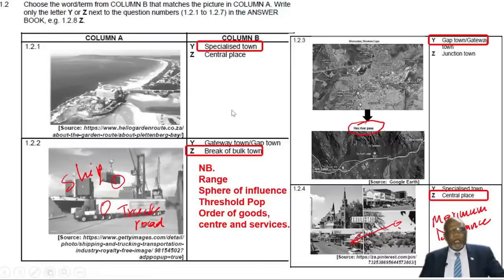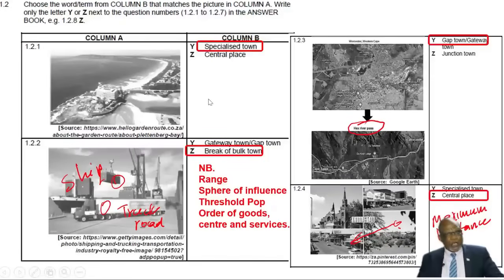Low order goods are the goods that are purchased frequently, like your bread, like your sweets, the things that you use on an everyday basis. Those are your low order goods, and they are characterized by a short range.